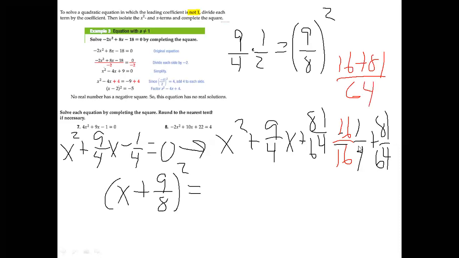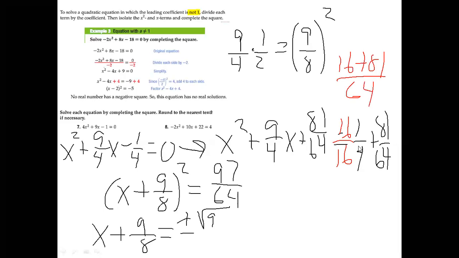So that's going to give you 97 over 64. Now you square root both sides and you'd have x plus 9/8 equals plus or minus the square root of 97 over 8. Since you're square rooting both sides, you can take the square root of 64, which is 8.